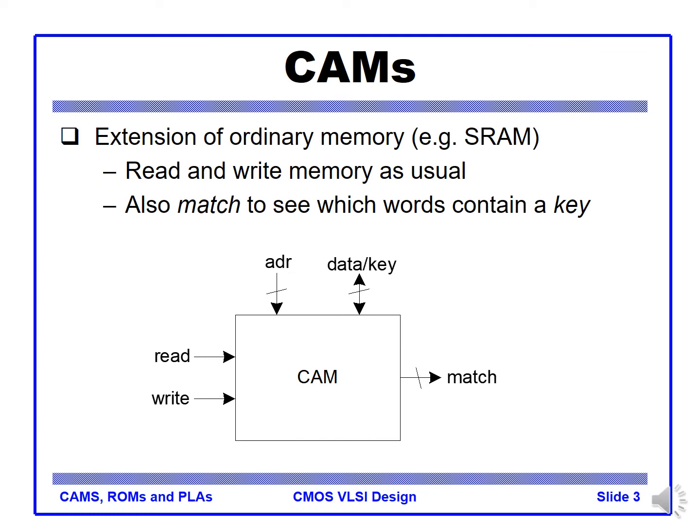So CAM is the extension of ordinary memory. In a typical memory, we provide an address and do a read-write operation to look at the contents, but in this case sometimes we provide the data onto the CAM and find the contents that match the data.